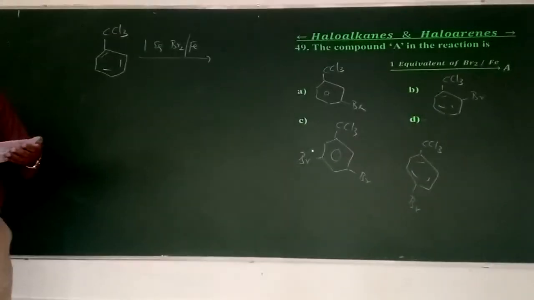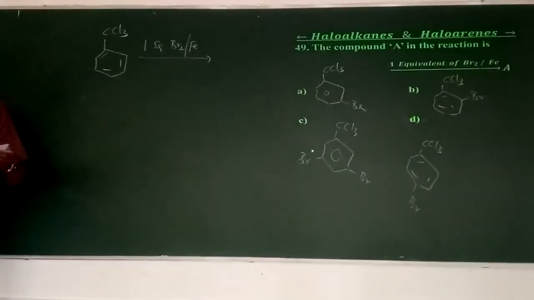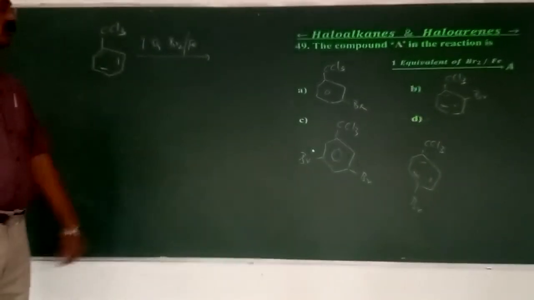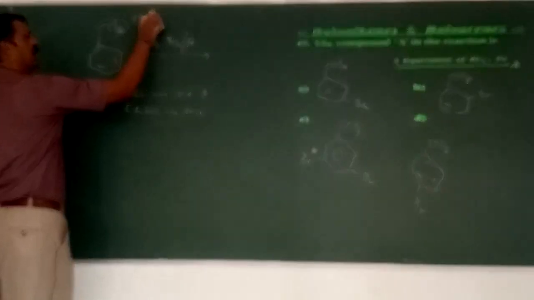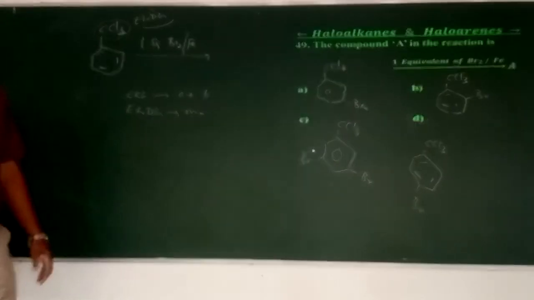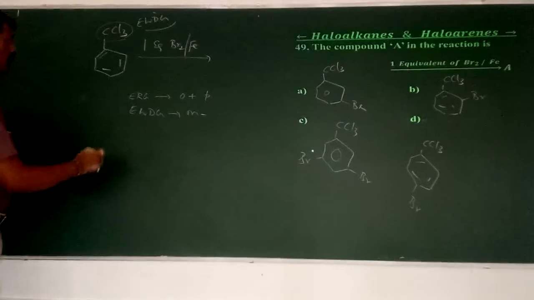So what is the product that has been formed? If it is an ERG, it forms a mixture of ortho and para. If it is an EWDG, it forms the meta product. Here, CCl3 is an EWDG. Why?